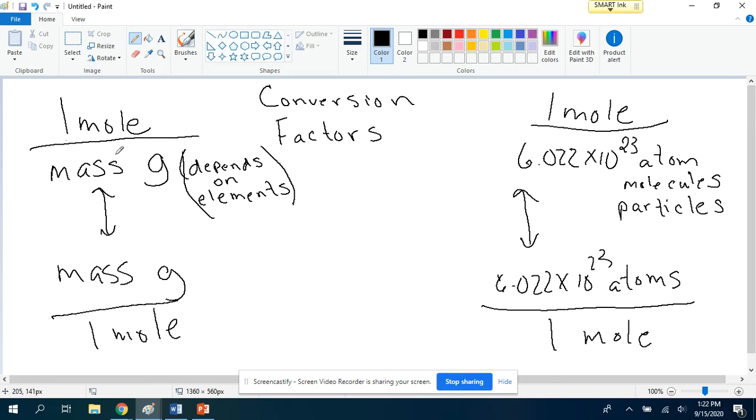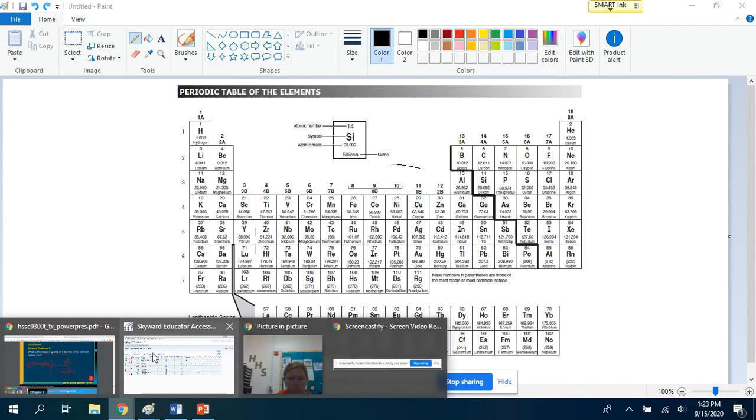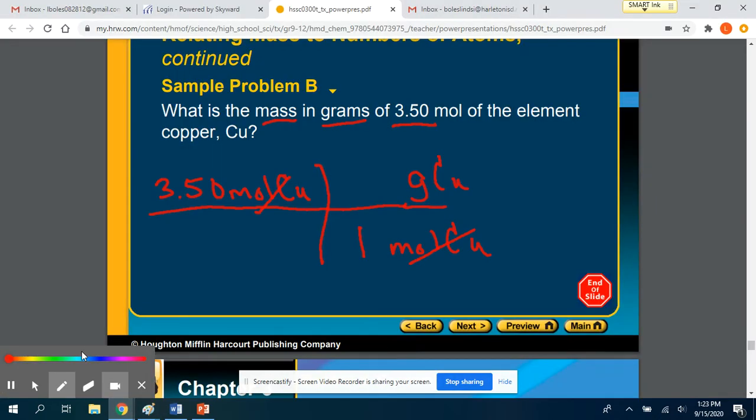Now I just need my mass. It depends on the element. Well, I have copper, so it's 63.546. That's where that comes from. We do these just the same as we did before. The bottom would just be 1 times 1.